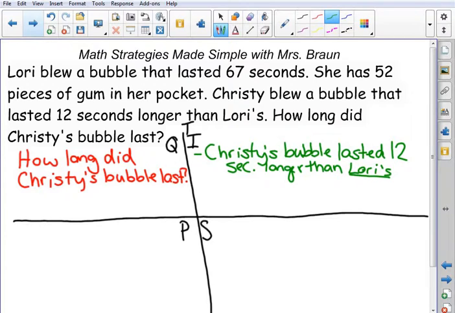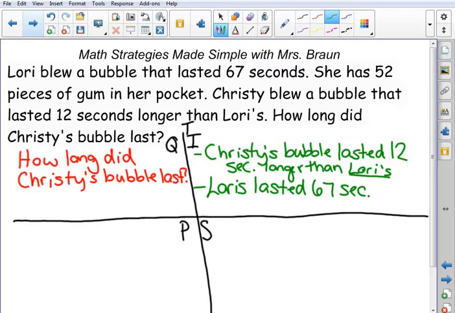So I'm going to go back into the problem and reread and try to find how long Lori's was. And it's in that first sentence. Lori blew a bubble that lasted 67 seconds. All right. Now I don't need to know how many pieces of gum was in her pocket.